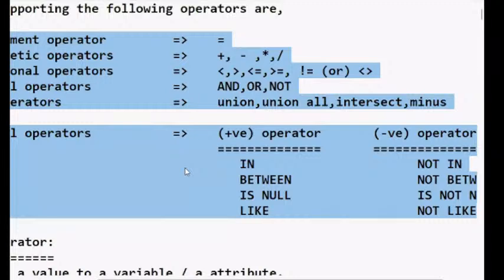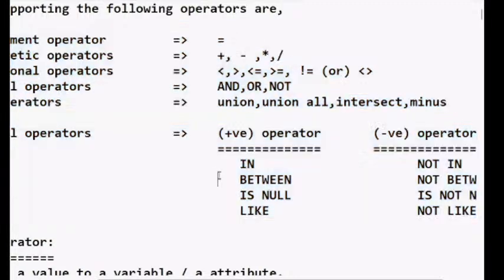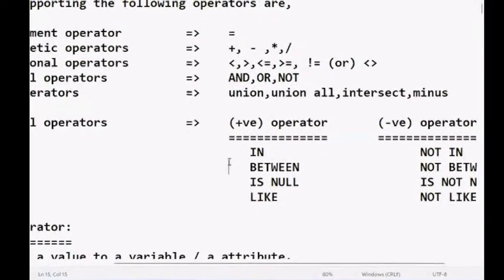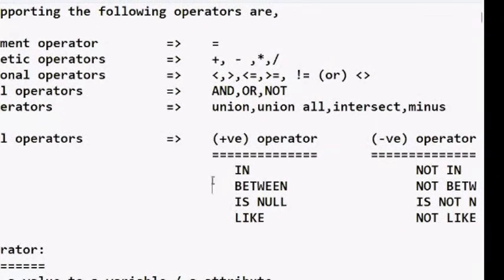Some more exist: exists, not exists, any, all. Those are special operators, and I can use those operators in one specific concept, not in all cases. These operators you can use anywhere in the database, any type of concept you can implement.